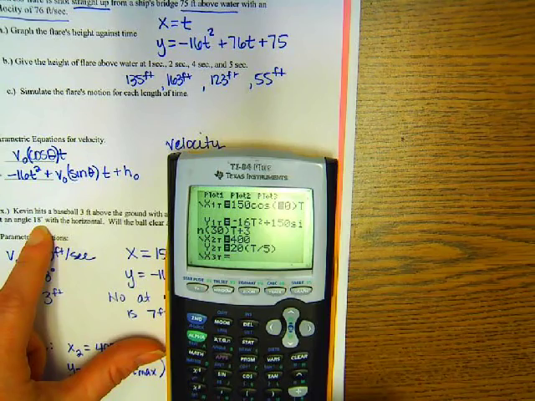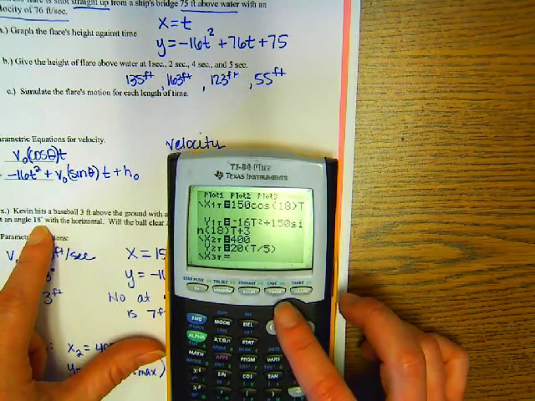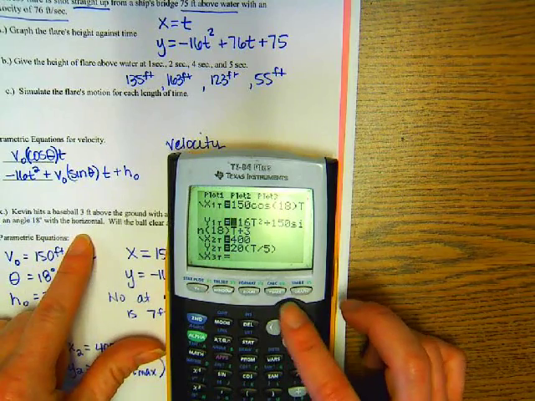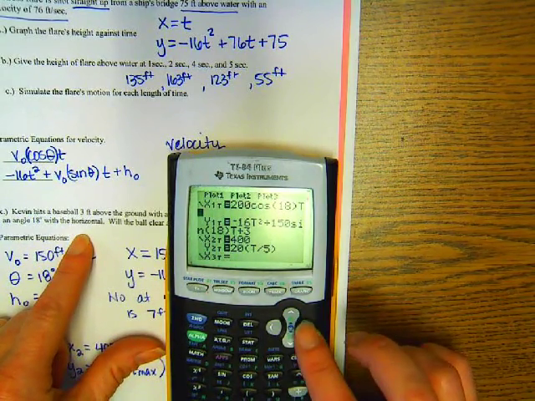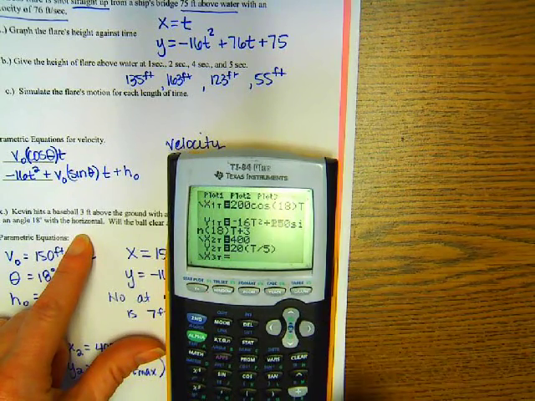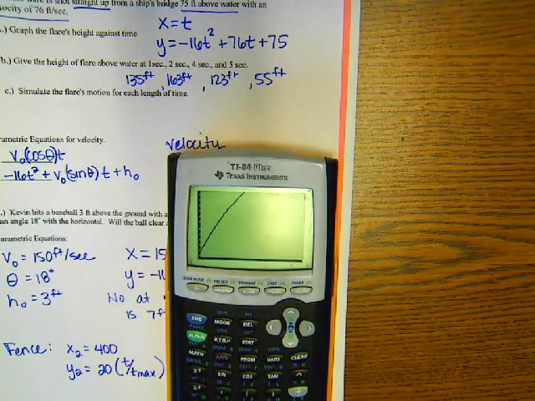Let's say we changed his initial velocity to 200 feet per second, and let's see if that would make a difference. Okay? So different angles and different velocities are going to produce a different answer to that question.